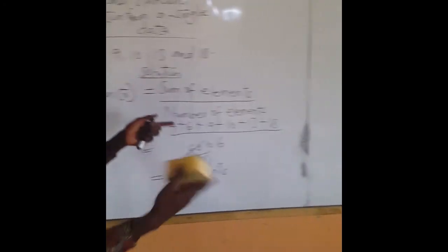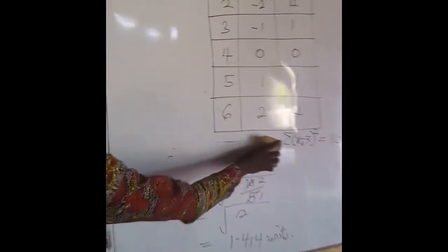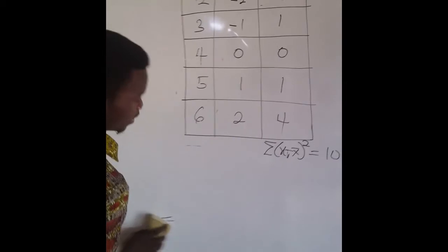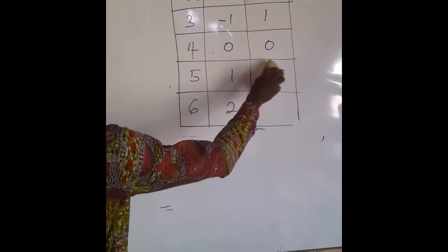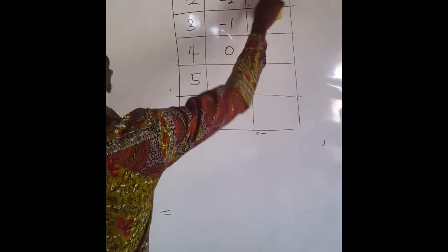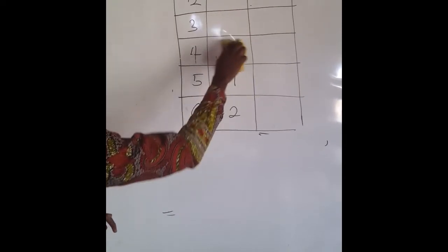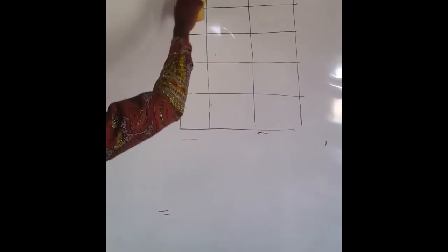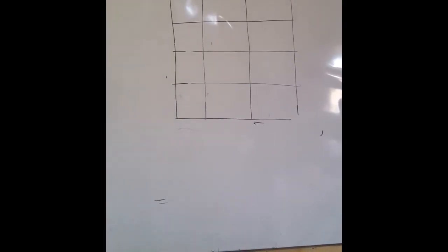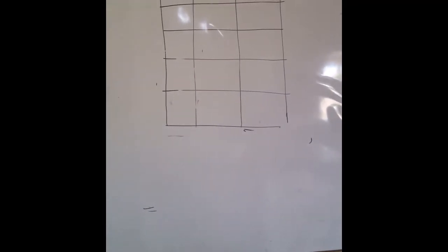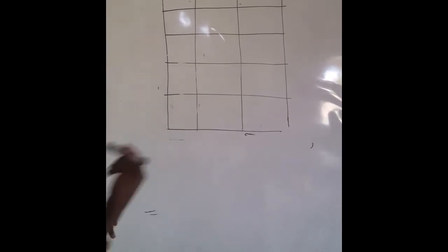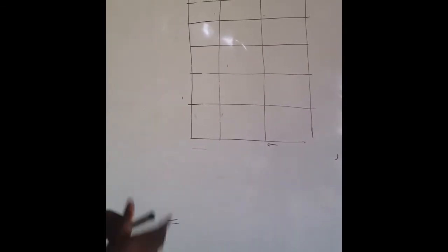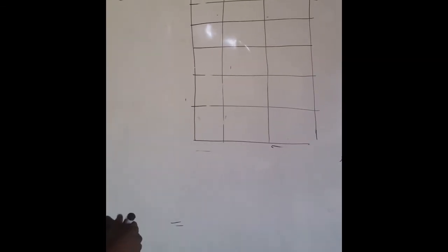Now let's move on to the standard deviation. Okay, so for the standard deviation, we draw our table nicely. So 3 columns. The first column is for the x, the next one is for the x minus x bar, and the last is x minus x bar all squared.